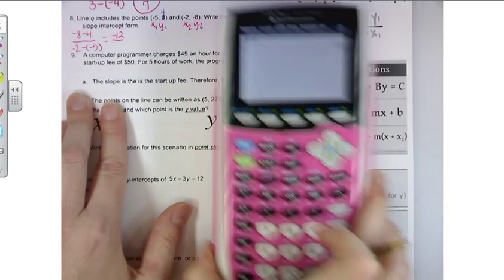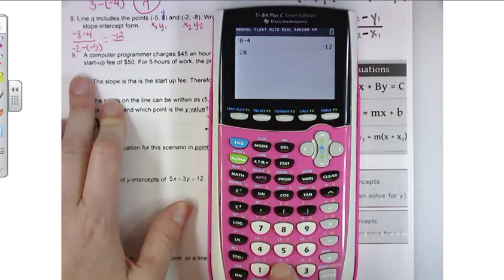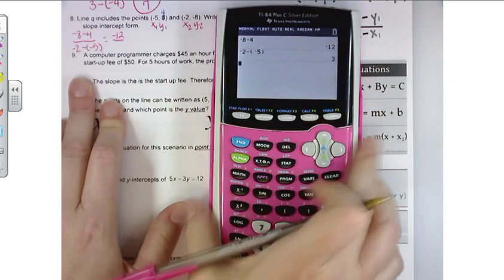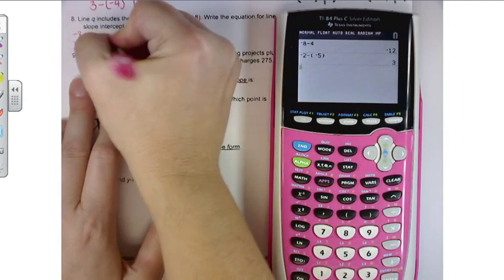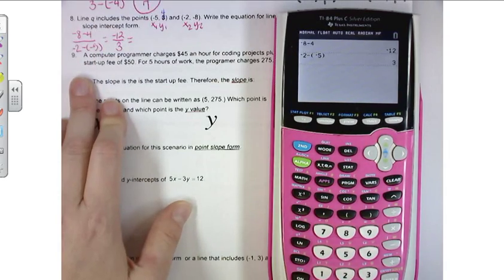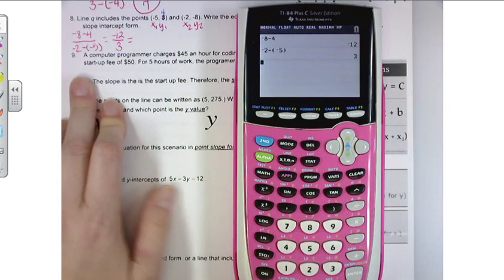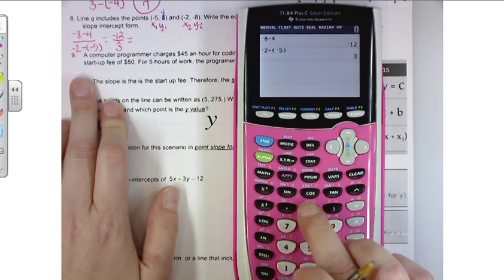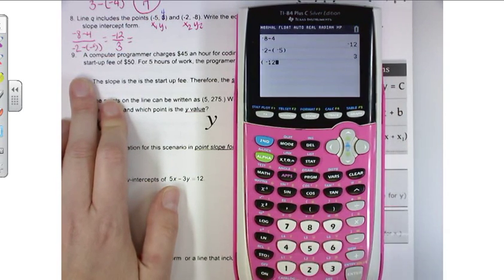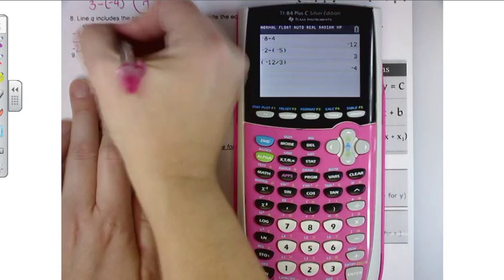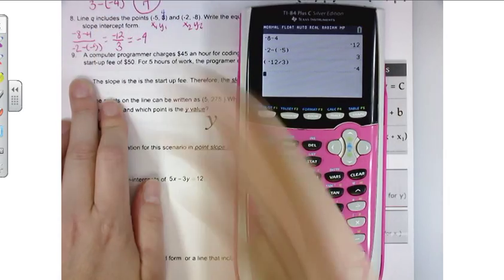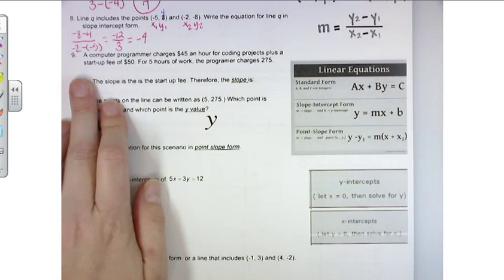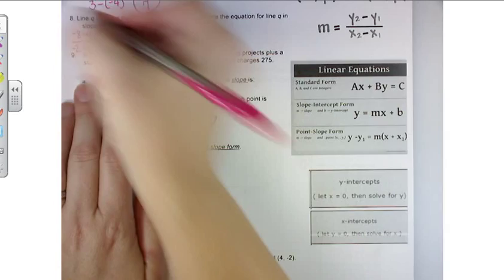Now I'm going to do all my negatives on the bottom. -2 minus parentheses -5, and I get a +3. Now, the best thing to always do in these situations to make sure that it's reduced down is I make it a fraction, -12 divided by 3, and it gives me -4. That's just a way for me to check my work. So that's my slope.